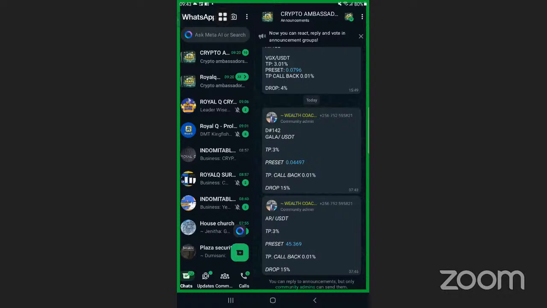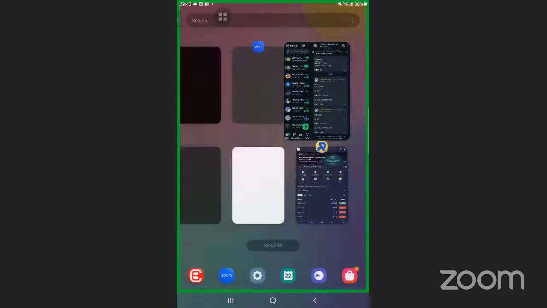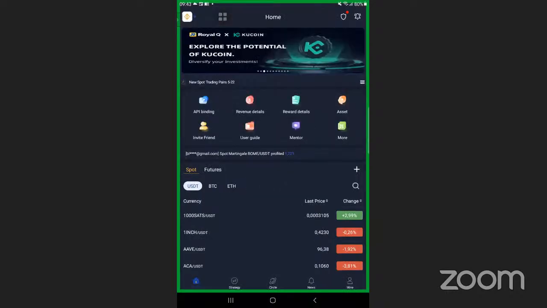I opened it here on purpose so that you can copy and paste. What is the name of the signal? All right, I'm checking the answers. AR USDT. Thank you. Okay, so let's go and look for the coin called AR.